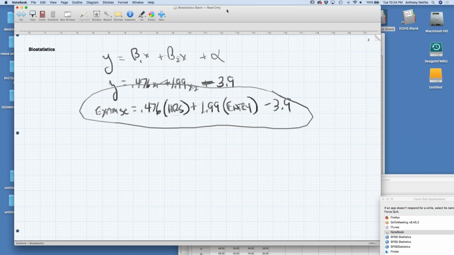Well, how about logistic regression? What's this thing called logistic regression? Let me close this, get it out of the way. I just want to introduce logistic regression.